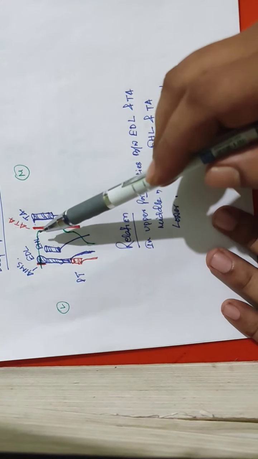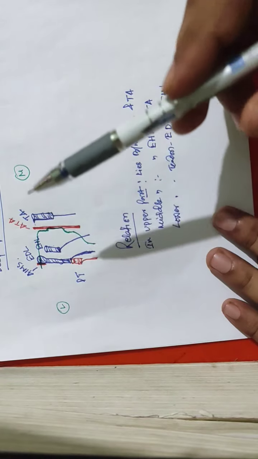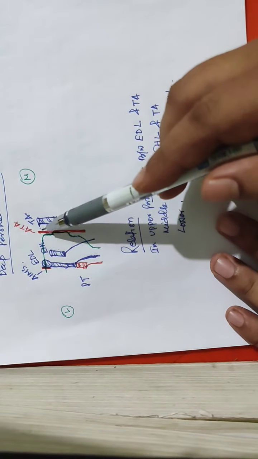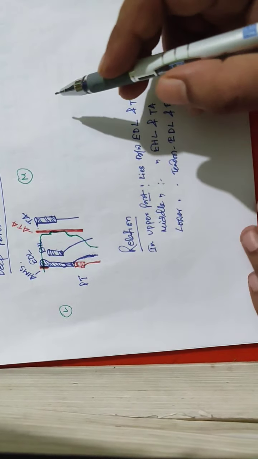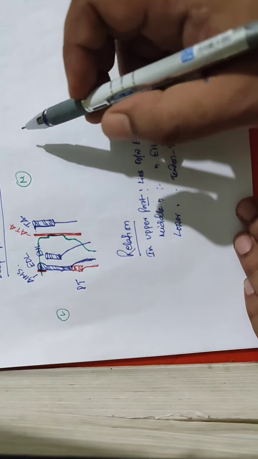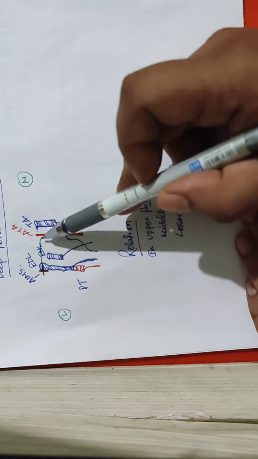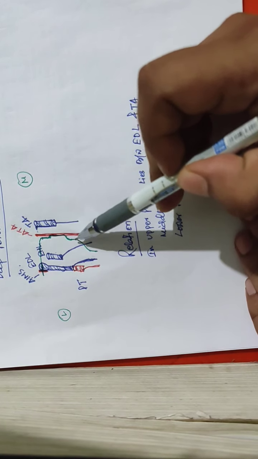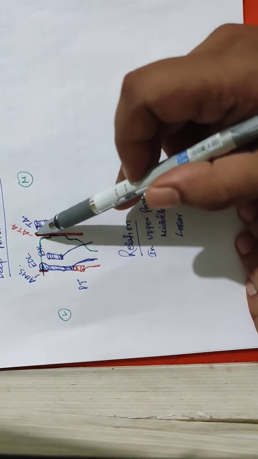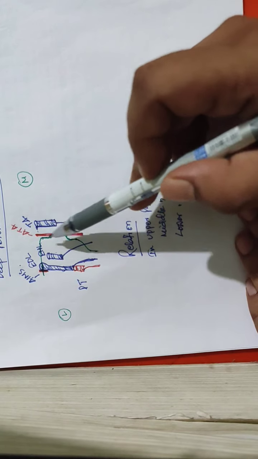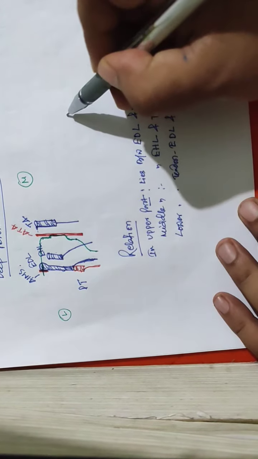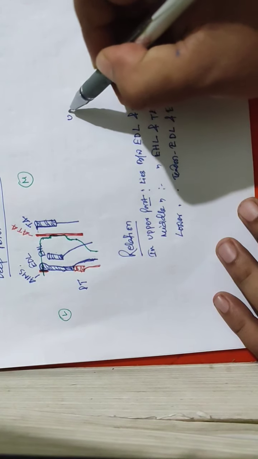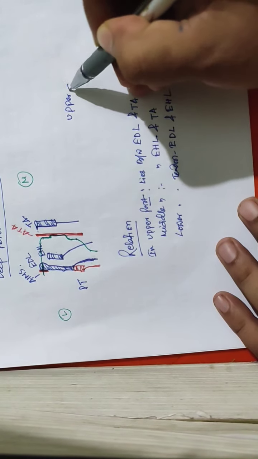Now the relation according to the anterior tibial artery. In the upper and lower part, the deep peroneal nerve lies lateral to the anterior tibial artery.